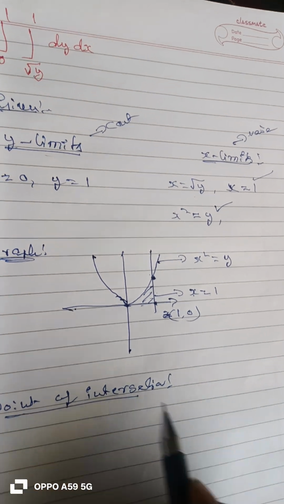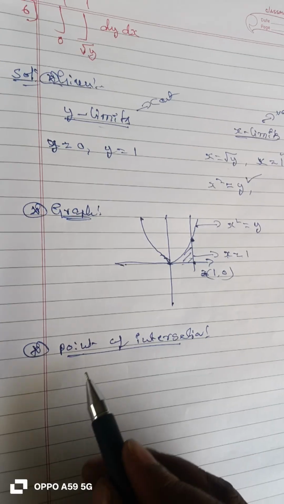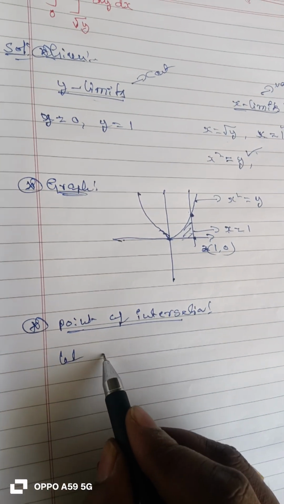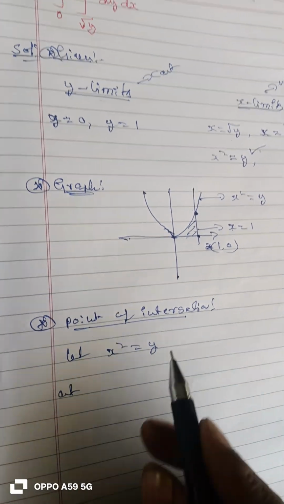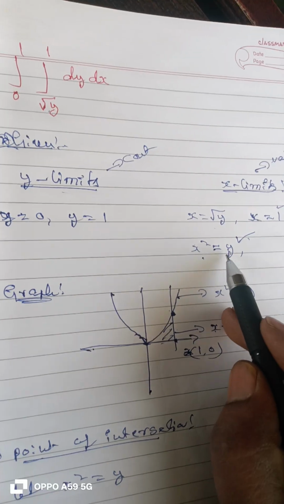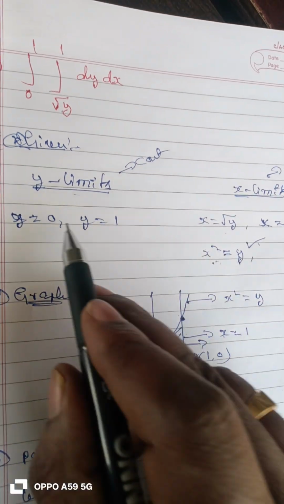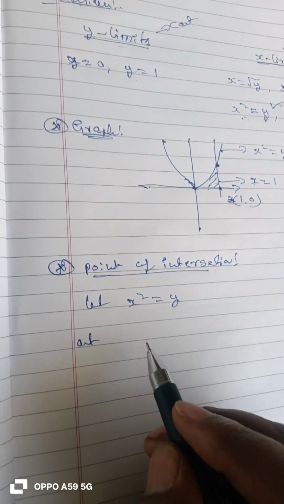To find the point of intersection, let me take the variable curve, that is x square is equal to y, in the variable limit. If we substitute the constant values into the curve, we will get the points. Already we know this one.